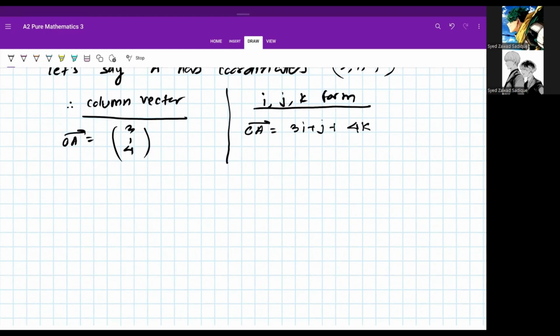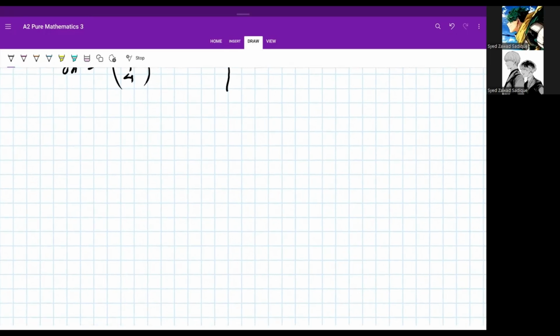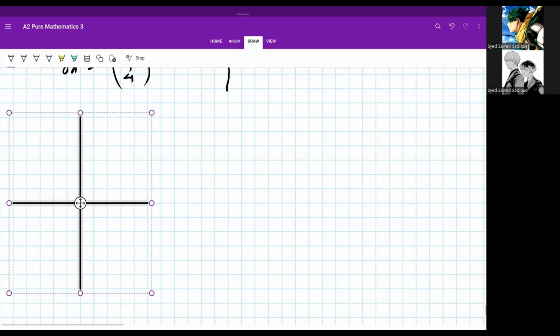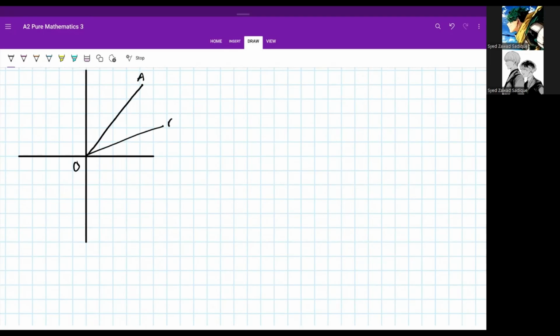Now, let's say we're given a graph, and this is OA, this is OB, and this is AB.